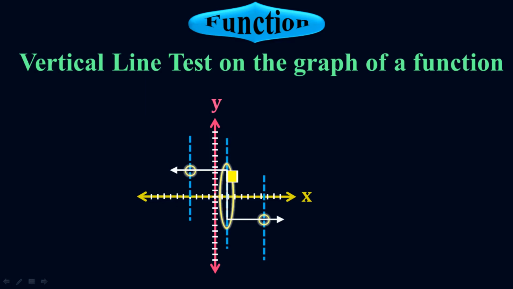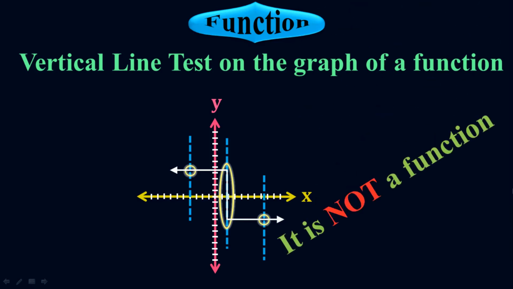This line passes through this whole region of the graph. This region has multiple points. It does not satisfy the vertical line test here. The vertical line test is failed here. Therefore, I can say that it is not a function. You cannot say that it is a function because the middle vertical line passes through more than one point.